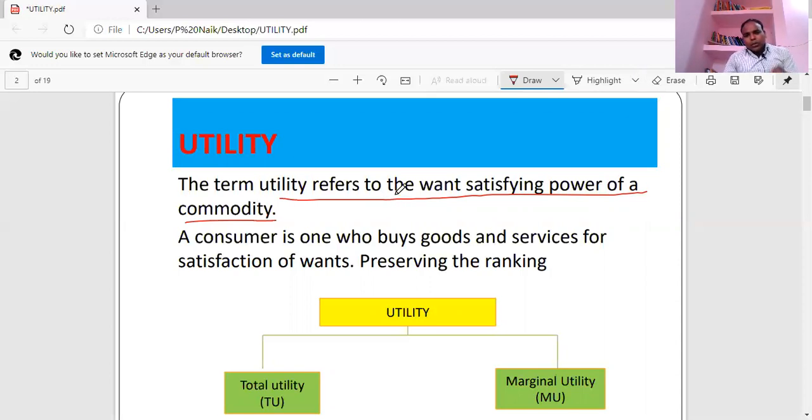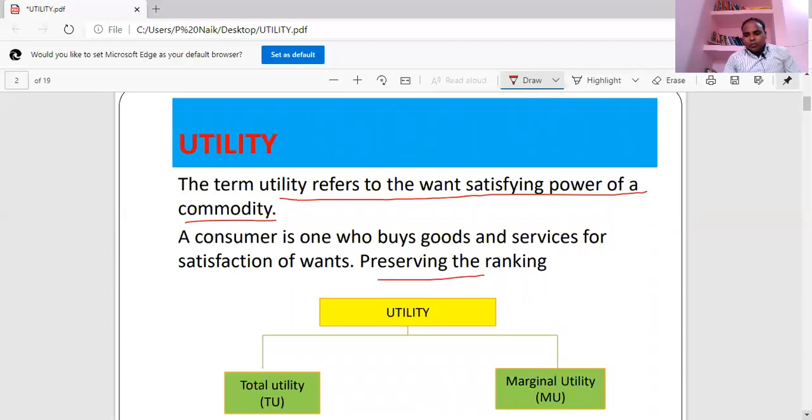Utility is the want satisfying power of a commodity. A consumer is one who buys goods and services for satisfaction of wants.